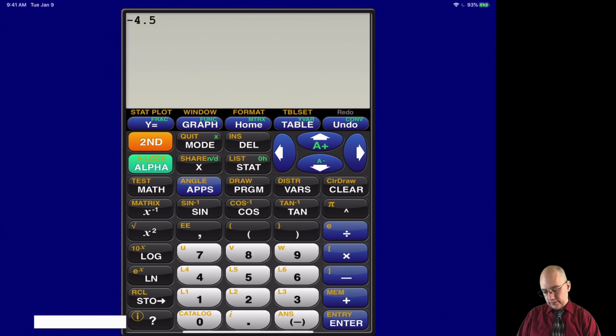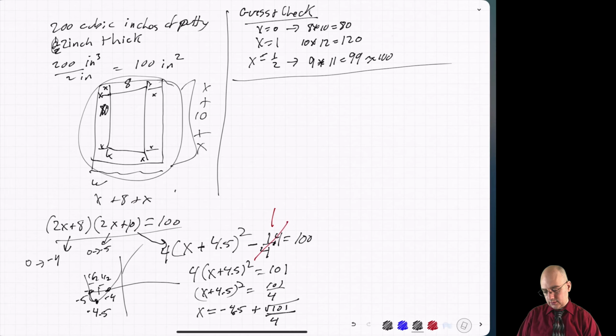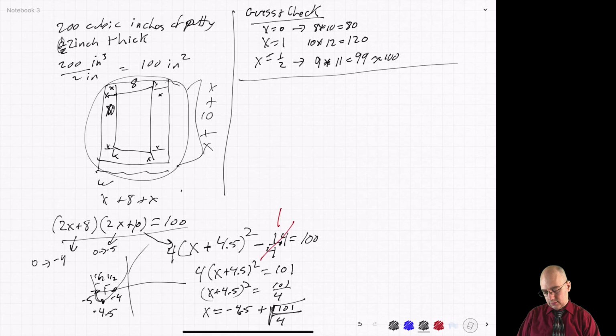Minus 4.5 plus 101 raised to the 0.5 divided by 4. Shoot, what did I do? Oops, sorry. That was the square root of the whole thing.